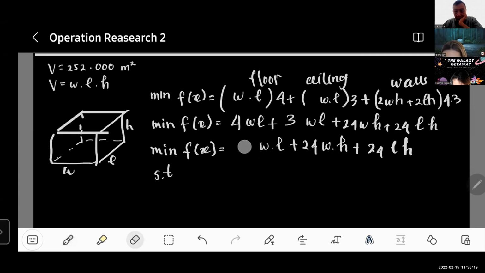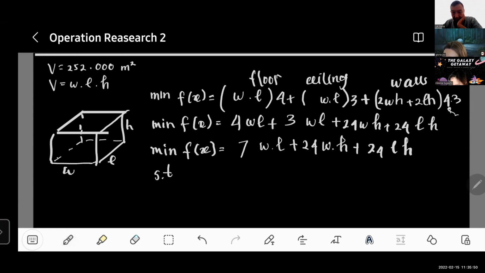And then the wall. The wall is h times w, that is 2 times, and then l times h, that is also 2 times. That is correct. And then what is this? Multiplied by 4, multiplied by 3. The cost of the wall is 3, so multiply by 3 only.